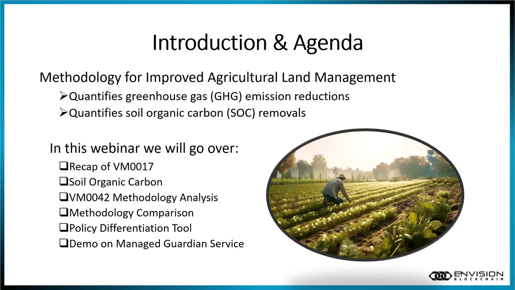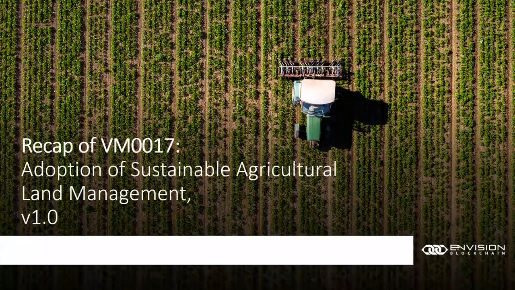Then we'll look into the crucial topic of soil organic carbon, exploring why it's so vital. Next up, we'll conduct an in-depth analysis of VM42 before moving on to compare the methodologies of VM17 and 42. Towards the end of the webinar, we'll introduce you to our policy differentiation tool and demonstrate our Managed Guardian service.